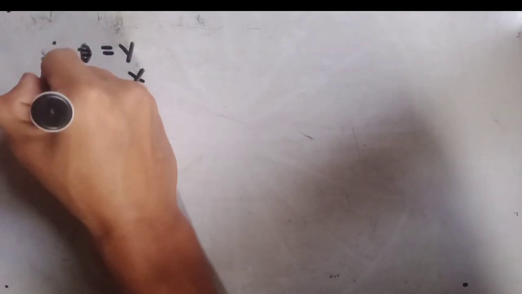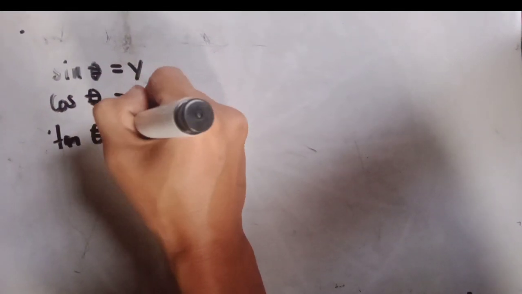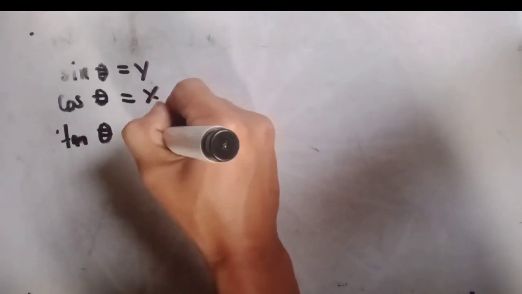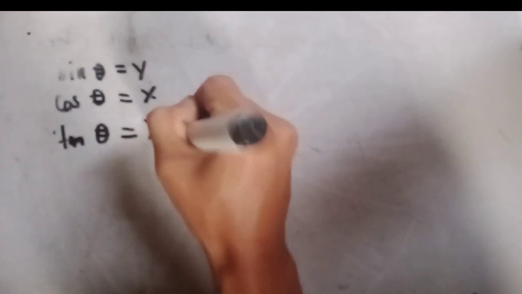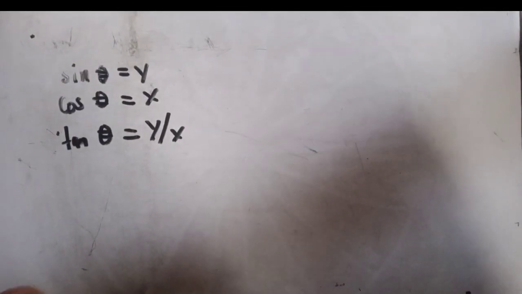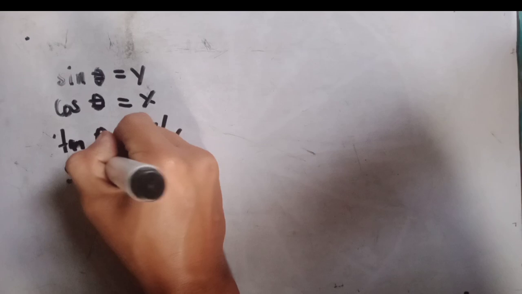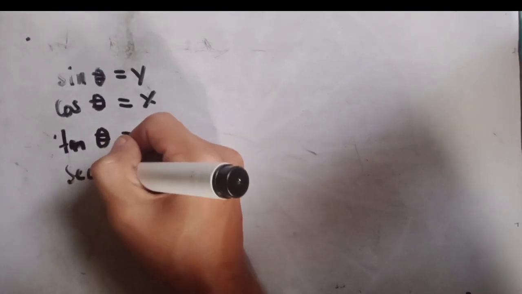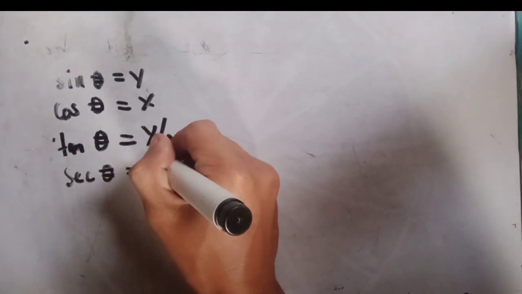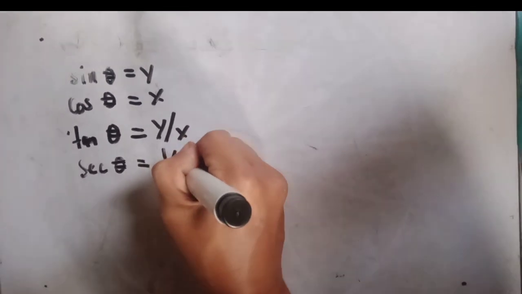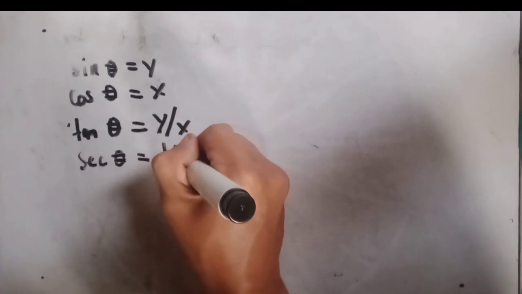Then the tangent theta. The tangent theta is equal to y over x. Then the next one is the secant theta. The secant theta is equal to 1 over x.